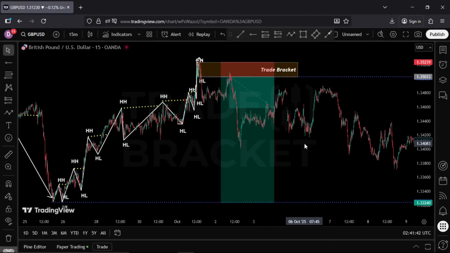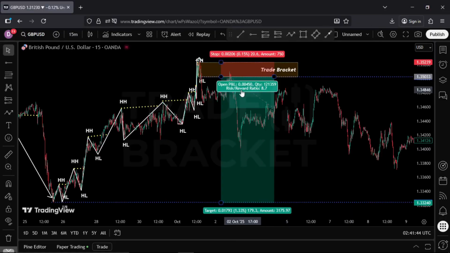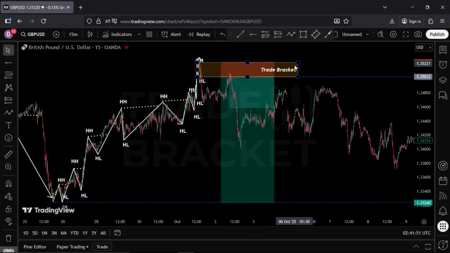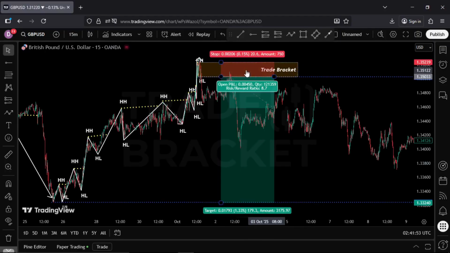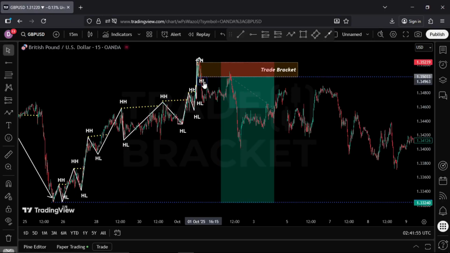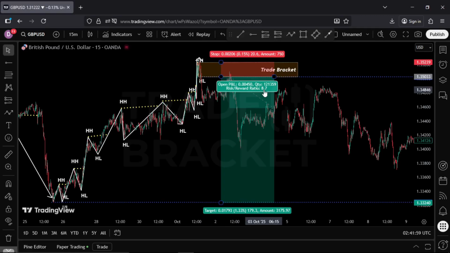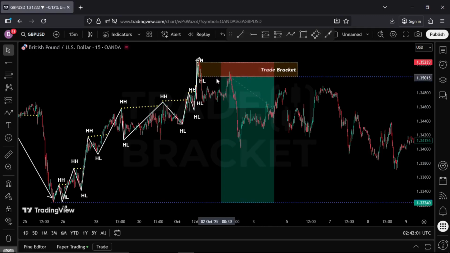Let me go ahead and show you. Like I said, when you draw your trade bracket from the last higher low to be broken to the last higher high to be made, it will give you a higher risk to reward ratio, but the chances of price coming back and taking you out will also be higher.